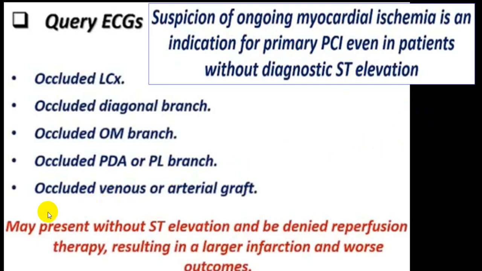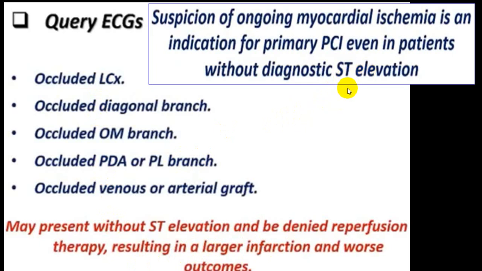Now, this means that the patient may be without ST elevation, and you may deny reperfusion therapy, resulting in a larger infarct and worse outcome, because in this particular condition you might have ST changes in the form of elevation or depression.